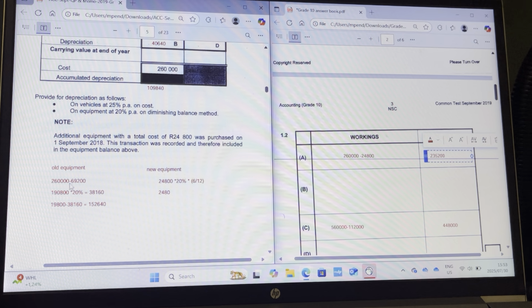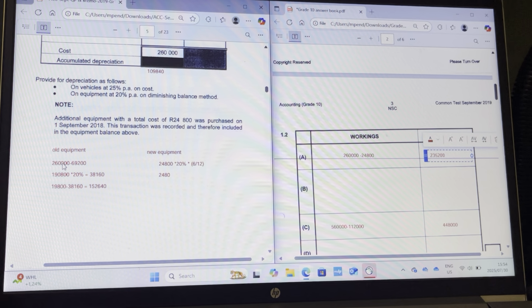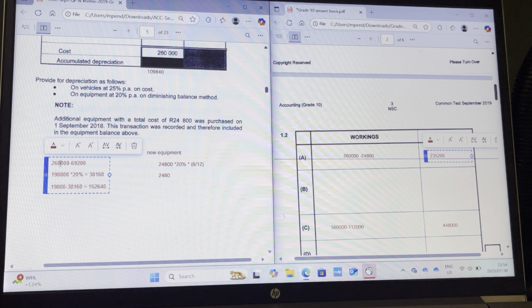Therefore we have to change this amount here and make it 235,200, and this changes here. 235,200 less 69,200 gives us 166,000, and 20% of that is 33,200.